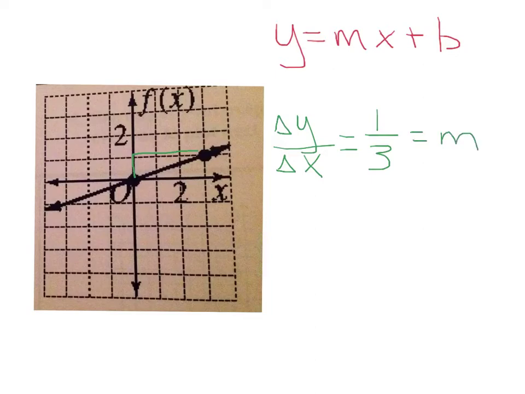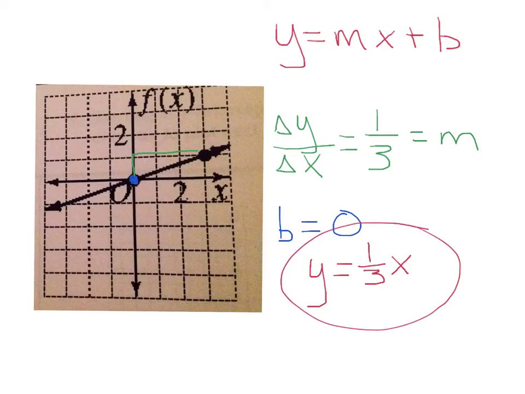And then the y-intercept, it crosses right at the origin, so that means the y-intercept is 0. So when you write your equation, y equals 1/3 x plus 0, but you don't actually have to write the plus 0. You can just leave it as y equals 1/3 x as your equation.